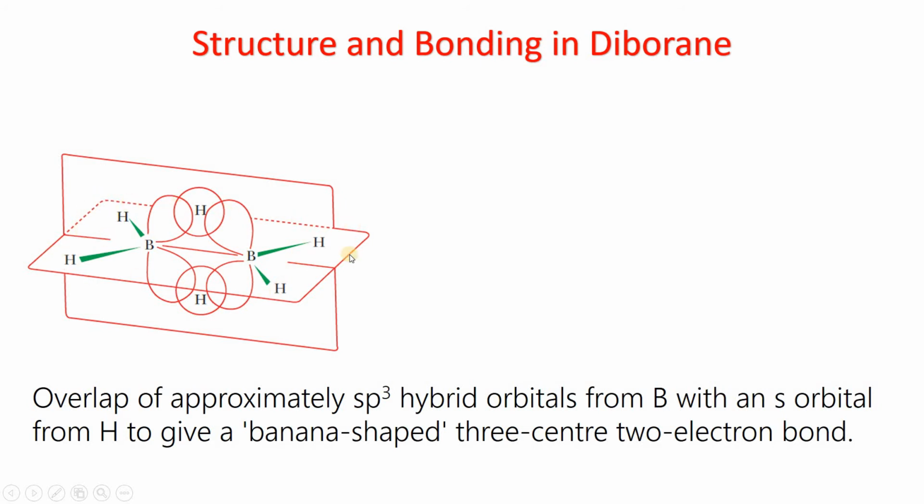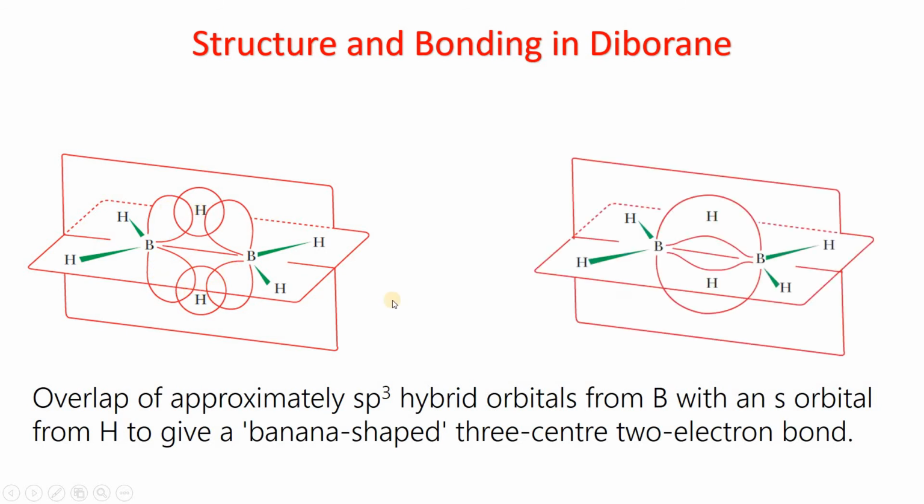This is one plane, and the second plane, which is perpendicular to this plane, contains the boron hybrid orbitals and the atomic orbital of hydrogen. They are combined in this way. Or if we draw these three orbitals like this in the shape of a banana, there is hydrogen here. So the banana bonds are actually 3 center 2 electron bonds, and the terminal ones are 2 center 2 electron bonds.